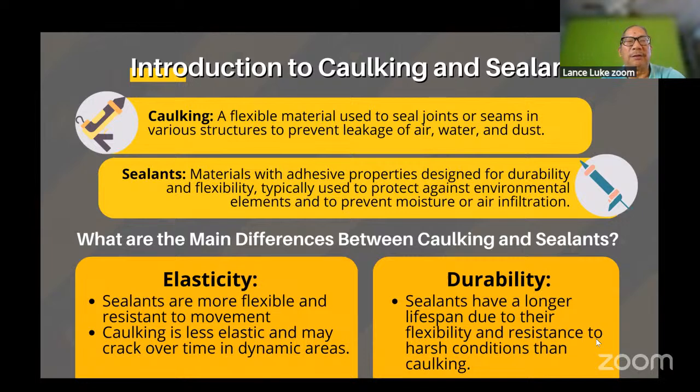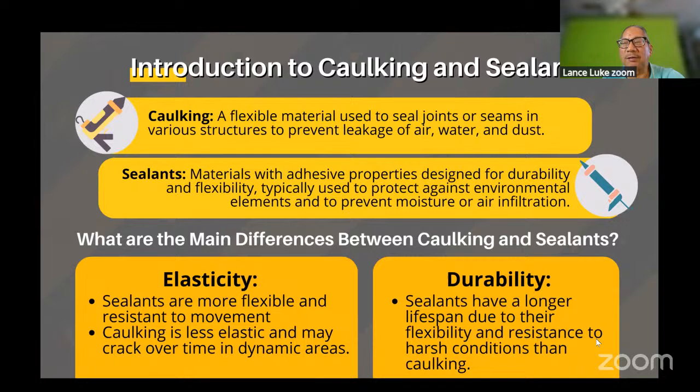And then the sealant is similar to caulking, but it's designed for more durability and flexibility, typically used to protect against environmental elements and prevent moisture or air infiltration. So the main difference is elasticity. Sealants are more flexible and resistant to movement. Caulking is less elastic and may crack over time in dynamic areas.